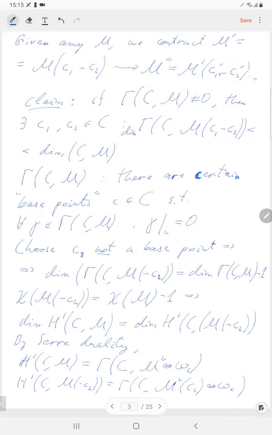So these global sections are of the same dimension, and now we choose some base point, some not base point for the second guy. So choose C1, not a base point for M of C2, then dual tensor, the canonical class.